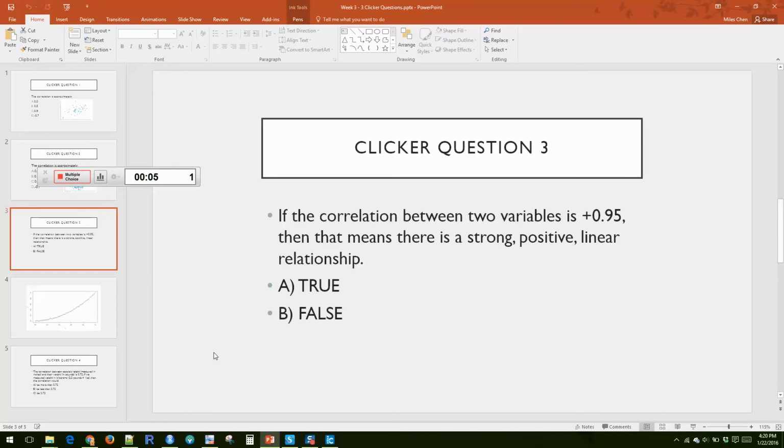If the correlation between two variables is positive 0.95, then that means there is a strong positive linear relationship. 20 seconds to get your click in.